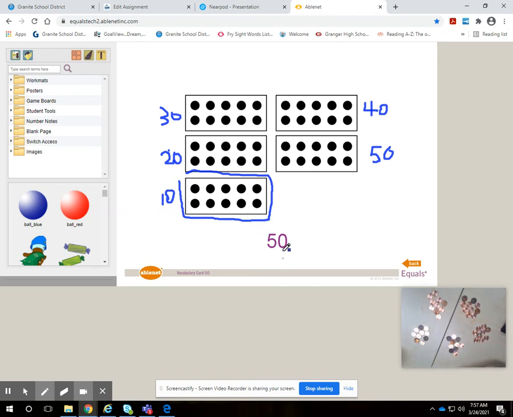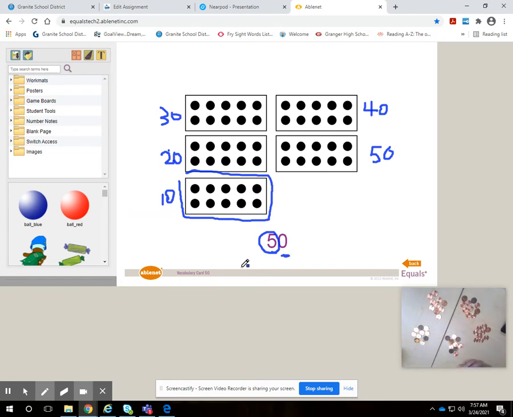Now, looking up here on the screen, you can see that the number 50, if we break that down, is 5 groups of 10. That's what that number means. So when we look at that first number, that tells us how many groups of 10 we have. Well, we should have 5 groups of 10, and that's what we have. 1, 2, 3, 4, 5.